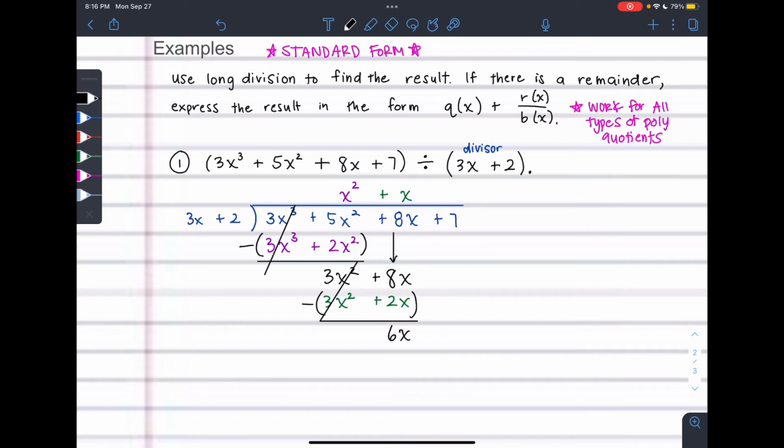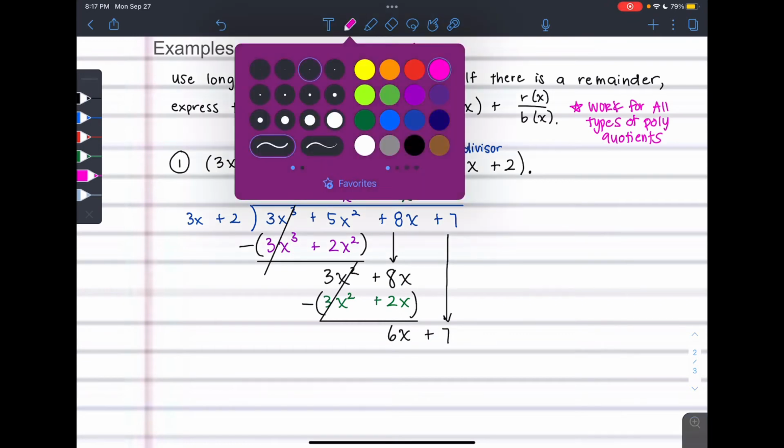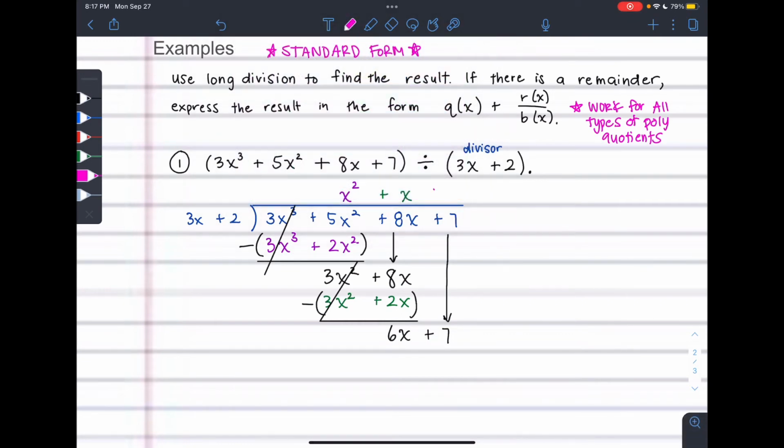We're almost there. We have this leftover 7, so we'll drop it down and figure out this last part of our quotient. 3x times what gives us 6x? That'll be 3x times 2.